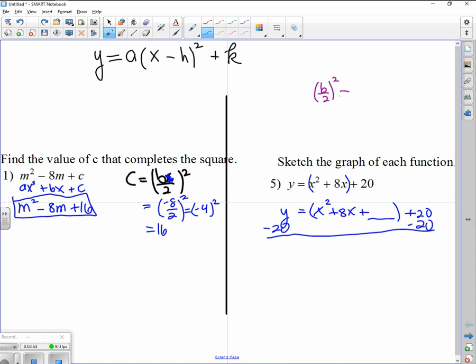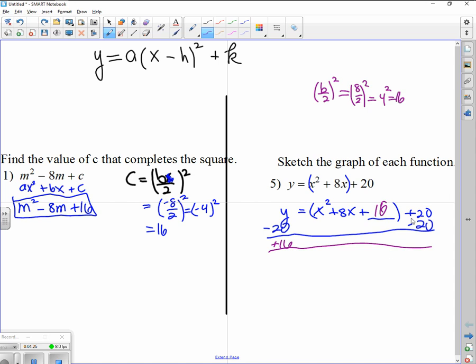So I'm going to put in 8 divided by 2, quantity squared. 8 divided by 2 will give you 4, and 4 squared will give you 16. So I'm going to put plus 16 right here. And remember, what you do to one side, you must do to the other side. So if I did plus 16 on the right, I've got to do plus 16 on the left side.